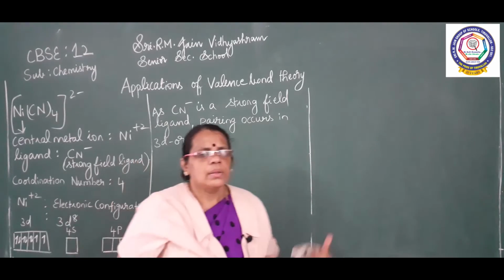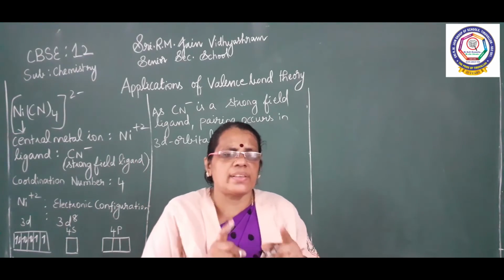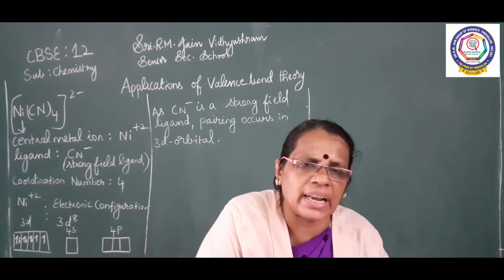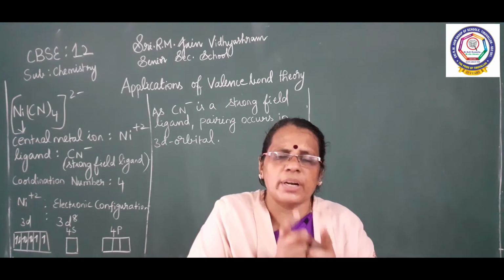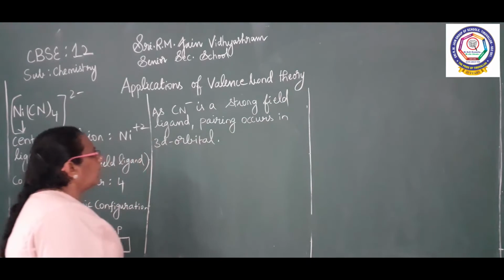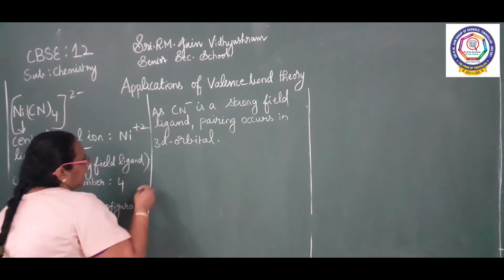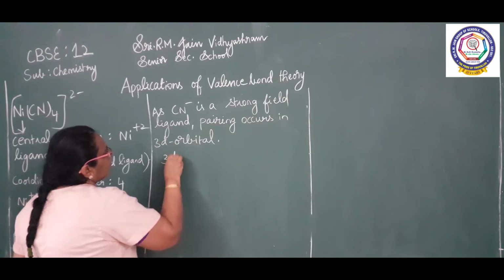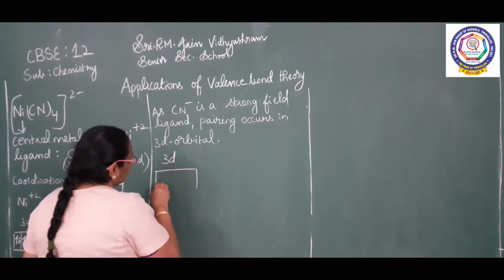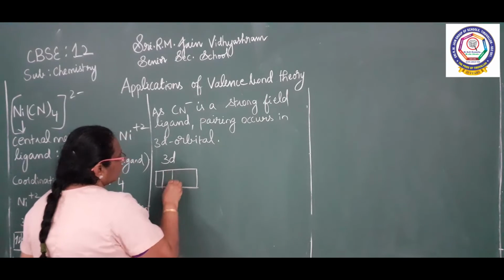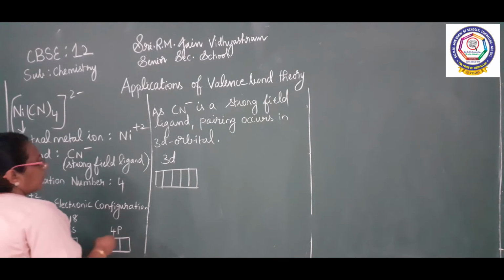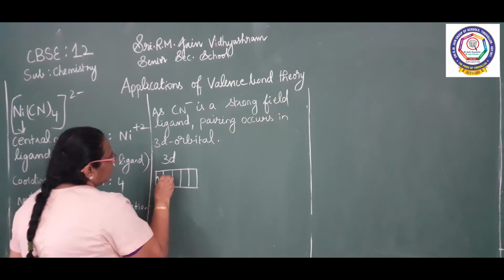What is the point? Here you see the ligand, it is CN minus, a strong field ligand. When a strong field ligand is bonded to the central metal ion, pairing takes place in the 3d orbital. Shall we see the arrangement of electrons now? 3d. So electrons are getting paired. 1, 2.